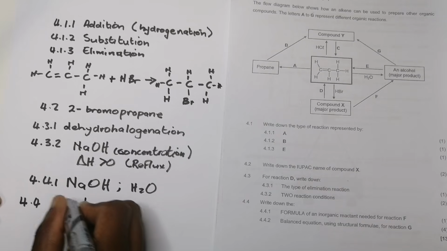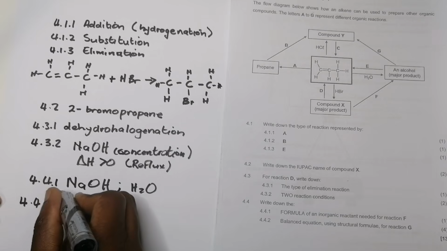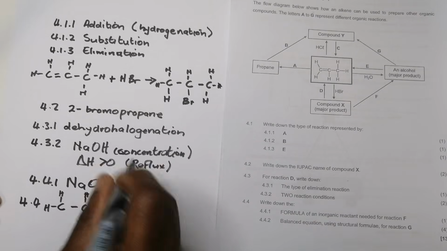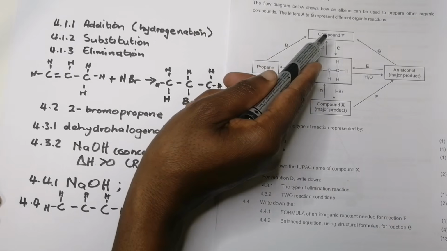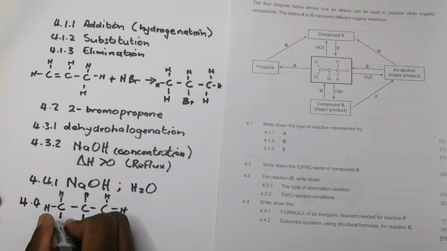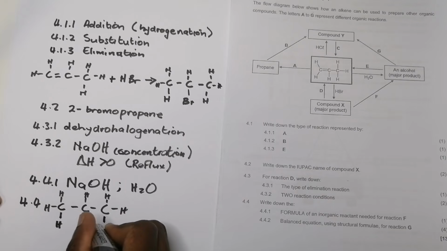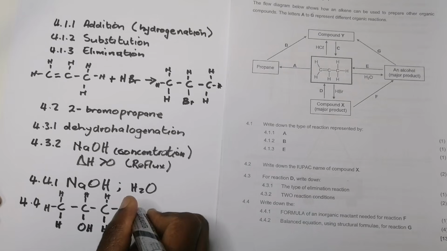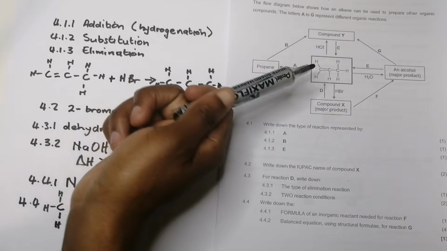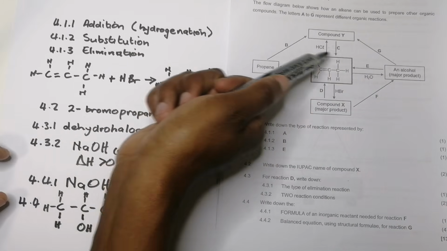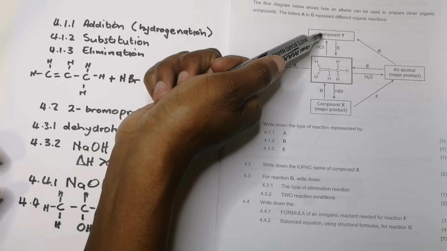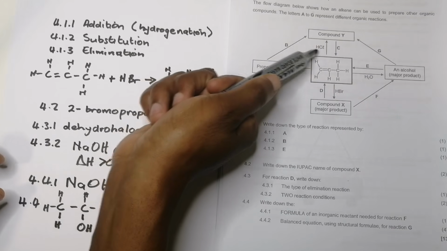Here's our alcohol. And how do I convert an alcohol? Please remember that compound Y is a haloalkane. So that means that you are converting an alcohol, with an OH at carbon number 2, to a haloalkane. And which haloalkane will it be? Remember, when we moved from the alkene to that haloalkane, what we added was hydrogen chloride.